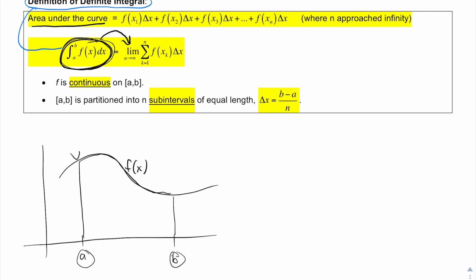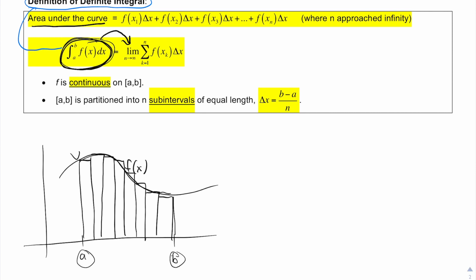But what we can do, just like we did in the previous problem, is break it up into rectangles. Rectangle 1, rectangle 2, rectangle 3, rectangle 4, right?